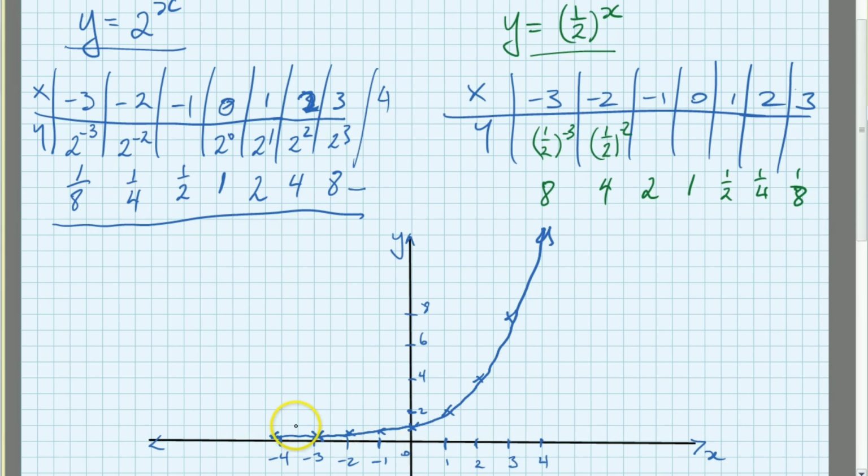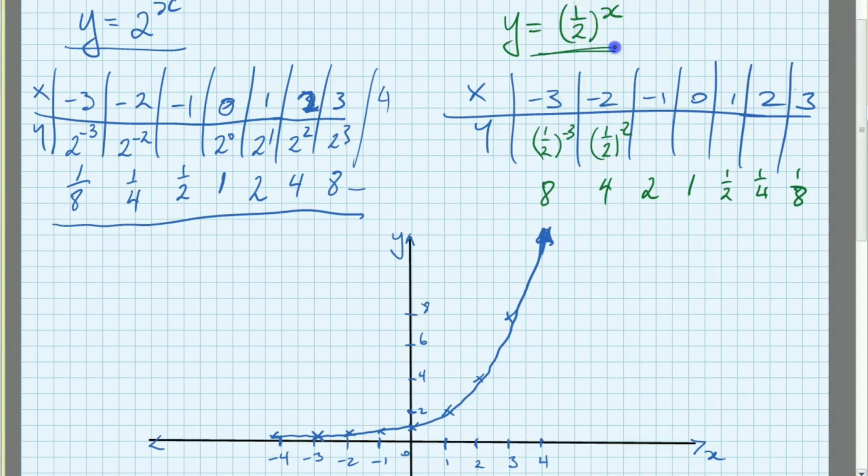Now over here on the left hand side, as x gets smaller and smaller, this graph gets very, very close to the x-axis, but never actually reaches the x-axis, and so the x-axis is an asymptote. And as the values of x get large, this graph just gets larger and larger very quickly, and y values will become infinitely large.